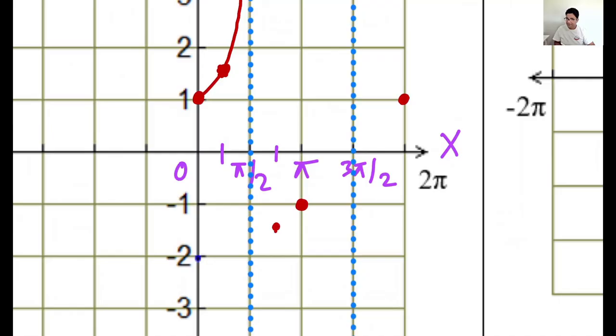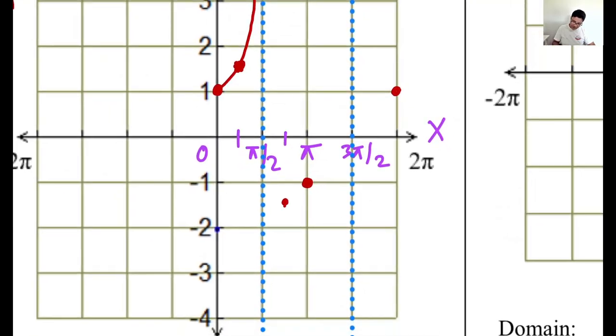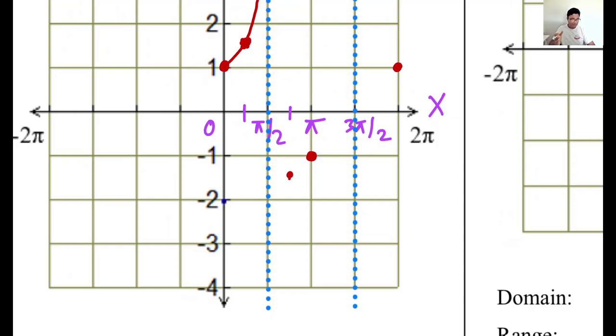Now think of moving from 180 to 90, from right to left. At 180, the value is negative 1. When you come down to 135, you are at negative 1.4142. And then close to 90 degrees, you are going to infinity because it is 1 over 0.